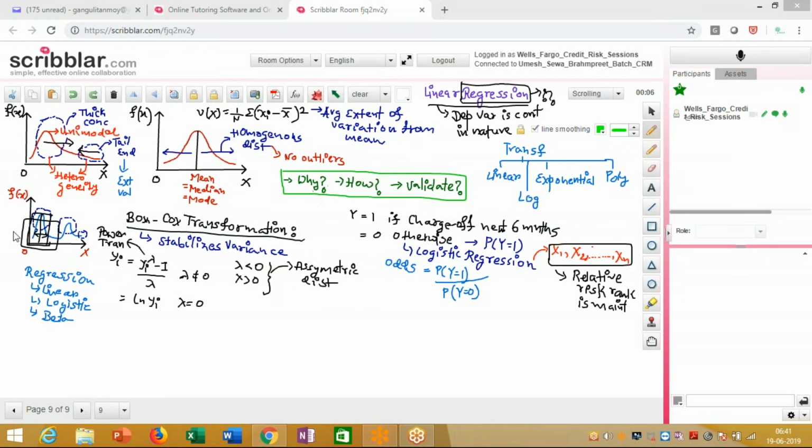What we saw was that there are three broad approaches of developing this loss given default model. One is linear regression, the other is logistic regression, and the third is beta regression.